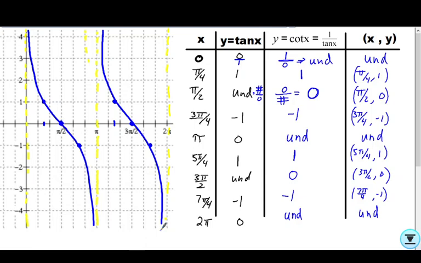And again, cotangent looks very similar to tangent with the asymptotes, but the curves are going in the opposite direction. Where tangent was negative 1, 0, and positive 1, cotangent goes positive 1, 0, negative 1. So the curve goes the opposite direction.